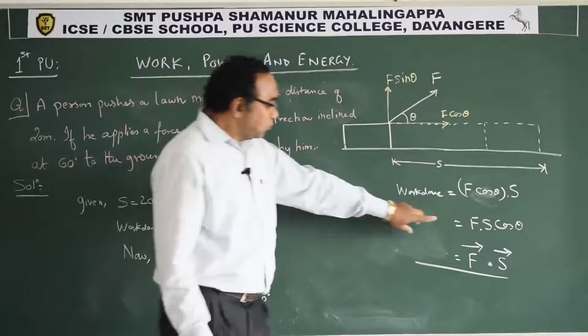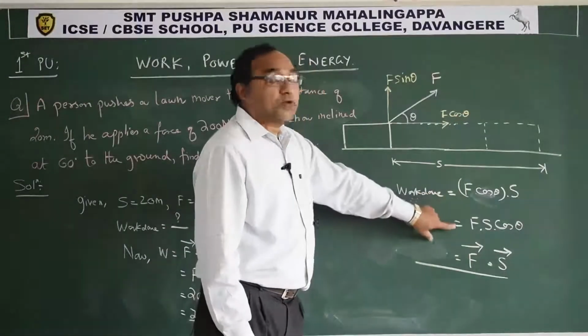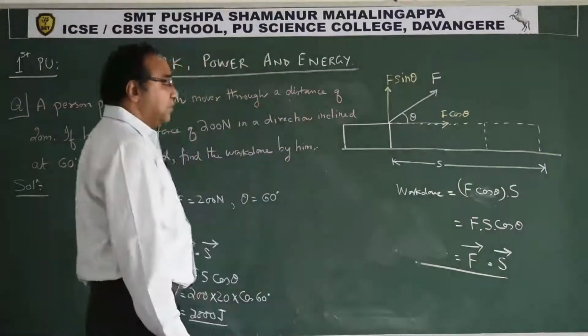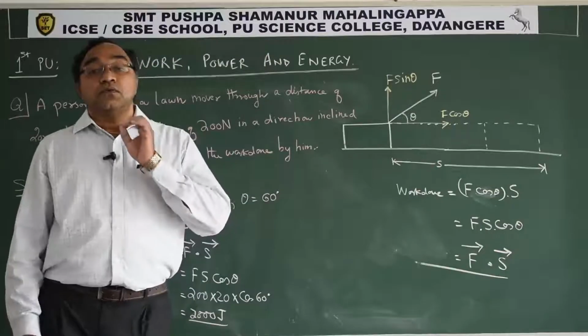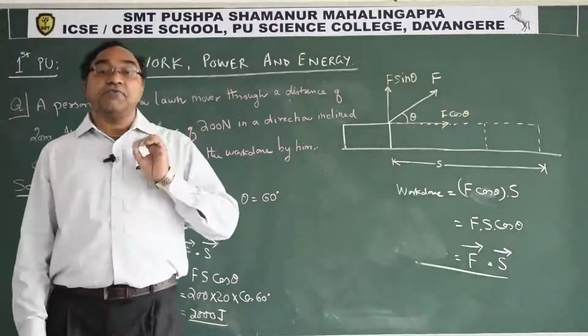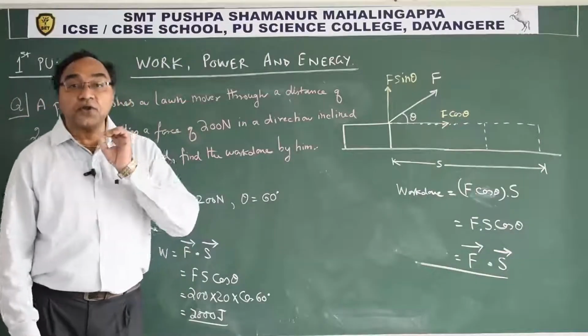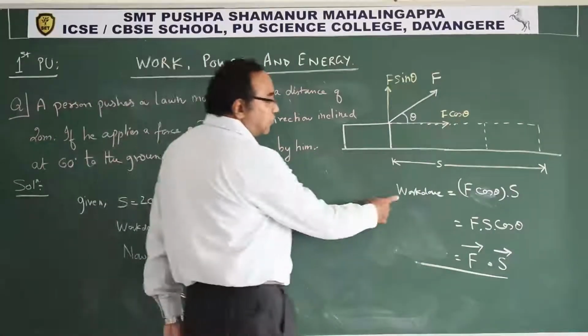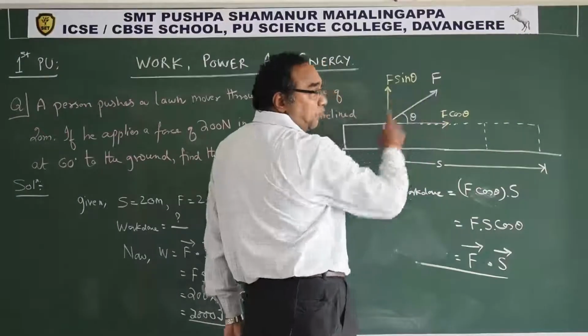See how to use F S cos theta, how to use F dot S. So this is exactly how work done is to be calculated when we have a constant force. This is the formula which is to be used for a constant force.